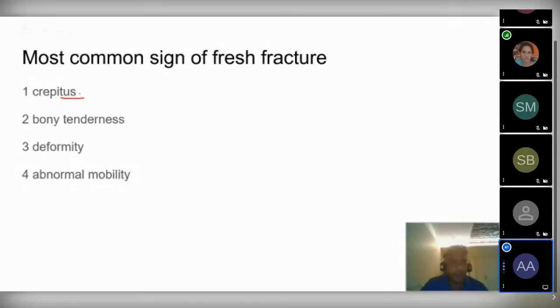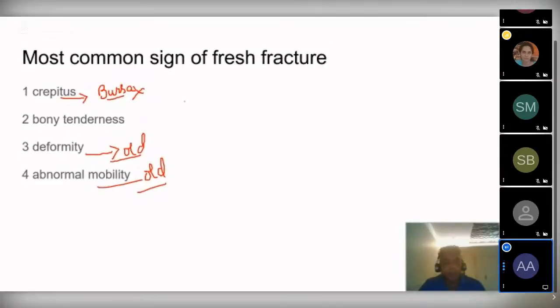Crepitus. Is it right? No, because crepitus can happen even in bursa. So that is wrong. Bony tenderness, yes. Deformity is present even in old fracture. Abnormal mobility also even in old fracture. So what is remaining?